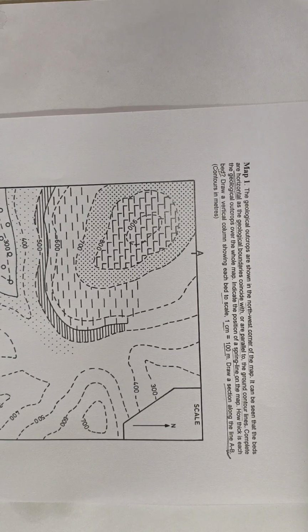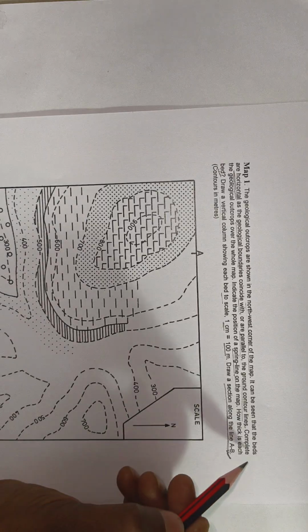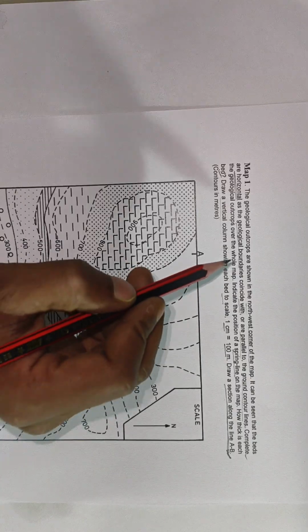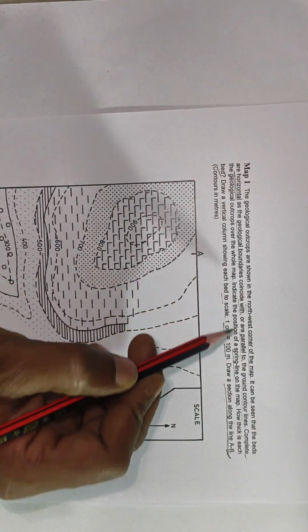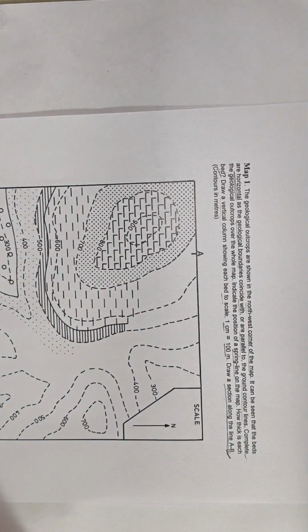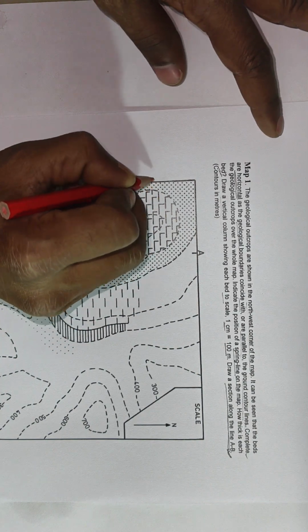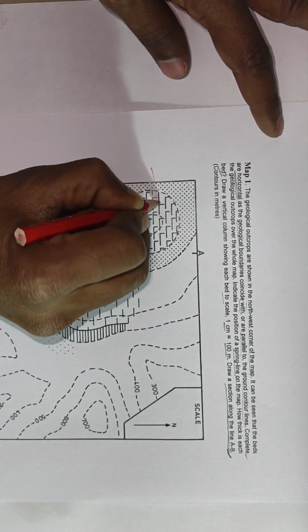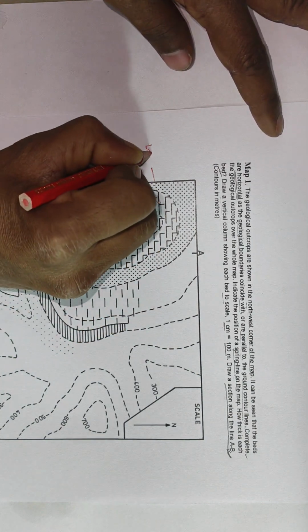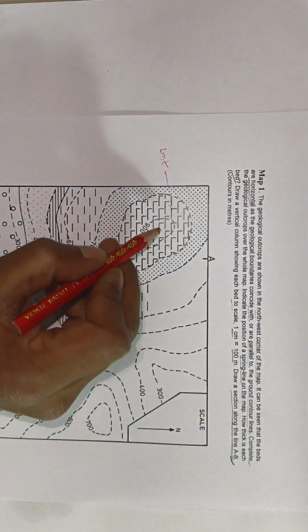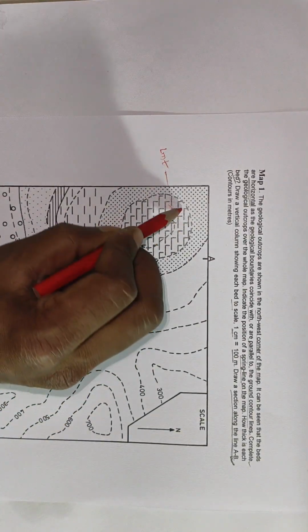So let's start with the first one, which is to complete the geological outcrops over the whole map. First, this is limestone. The map symbol of limestone is like this.